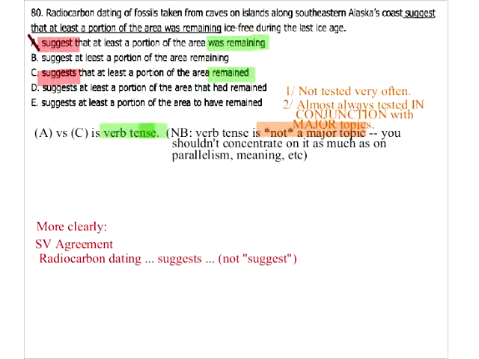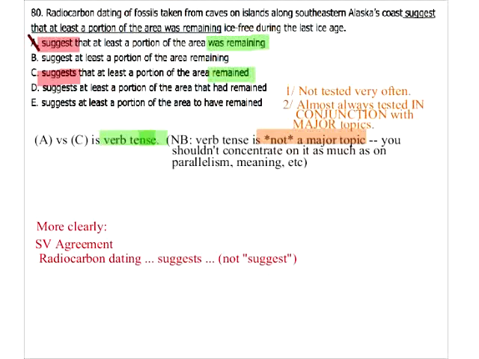You actually don't need to focus on the verb tense issue here, because there's also a subject-verb agreement issue, which is much more obvious. Apparently to the whole world except me. This is what usually happens.